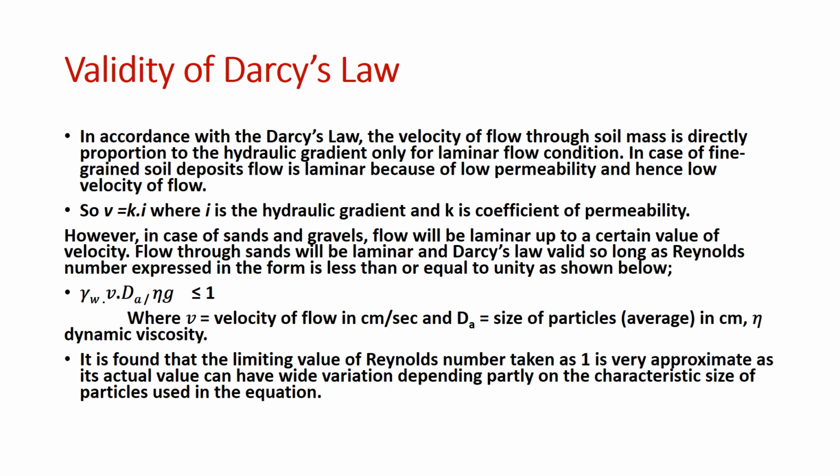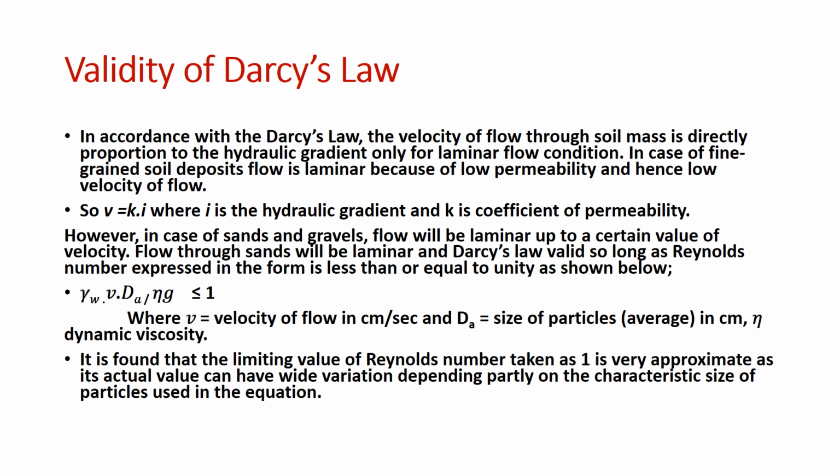And according to Darcy's law, the velocity of flow through a soil mass is directly proportional to the hydraulic gradient for laminar flow conditions. And for fine grained soil deposits, flow is laminar as it has low permeability. Fine grained soils means clays and silts and very fine sands, because of the low permeability and hence low velocity of flow.